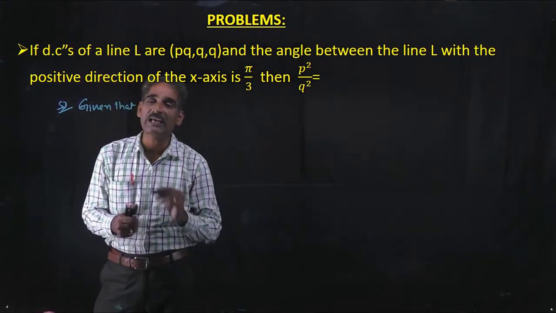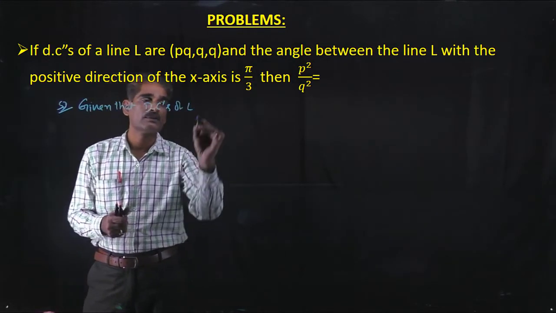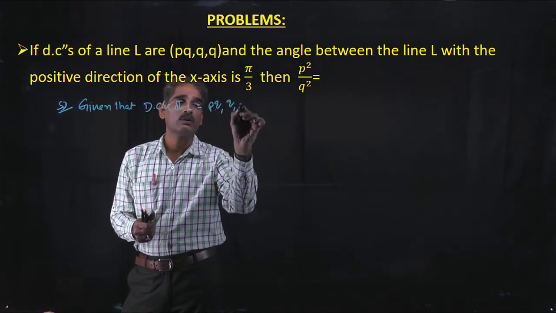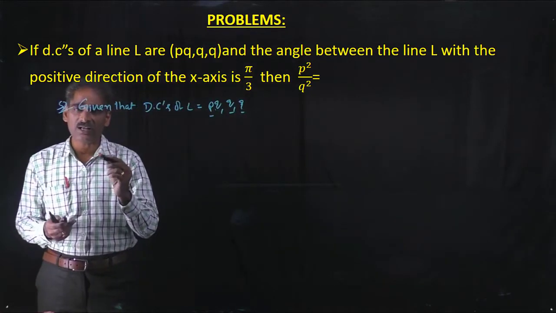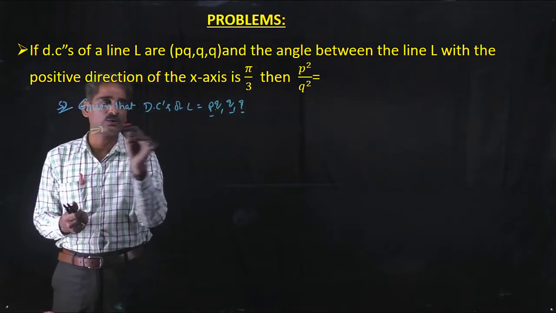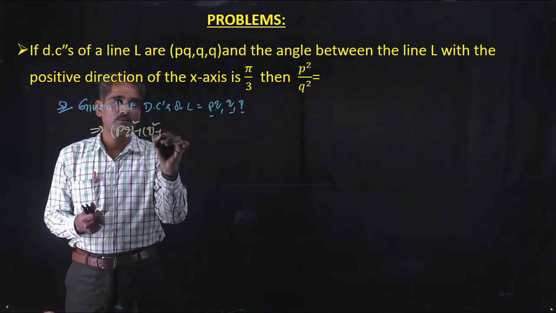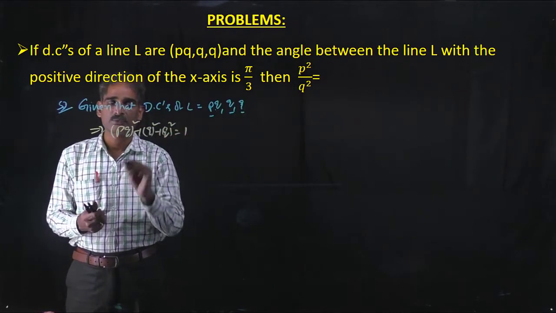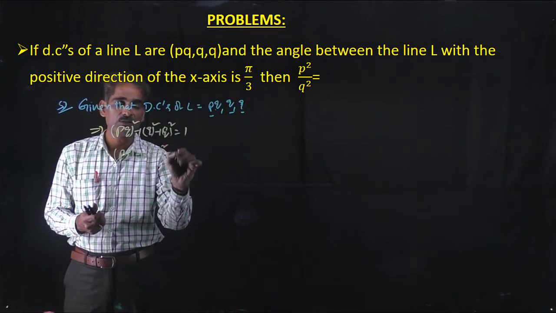We know that if l, m, n are the DCs, then l square plus m square plus n square equals 1. Therefore, (p root q) whole square plus q square plus q square is equal to 1. That means p q plus 2q square is equal to 1.